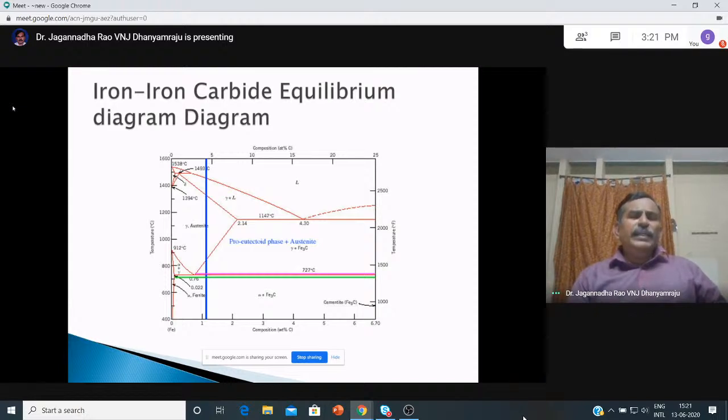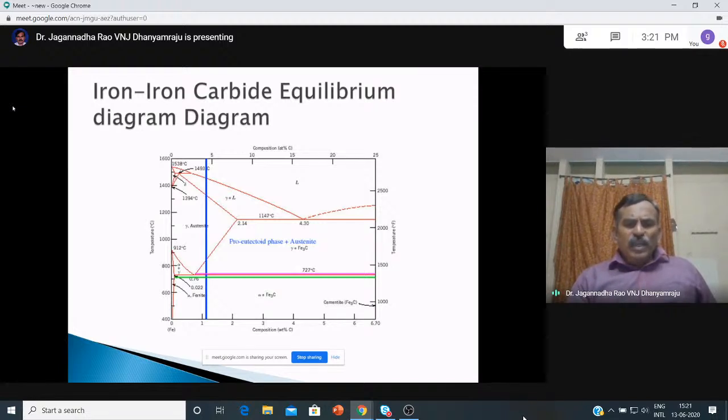So that is a peritectic reaction that is occurring in the delta region, that is the region at the top of this diagram. So at 1493 degrees centigrade, liquid iron plus delta, which is a solid, combine to form a new solid called austenite. This gamma is called as austenite.